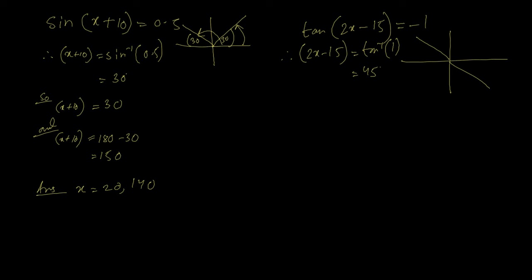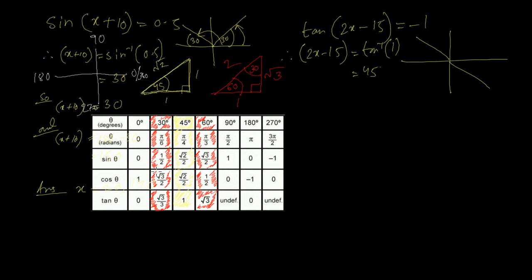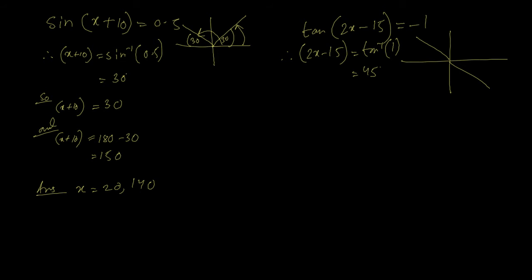You can check from the most common angles, you should have this memorized. So for tan theta we get 1 in 45 degree, which is pi by 4 in radian. So we have horizontal line 45 degree here and 45 degree here. So 2x minus 15 is your angle. So the first angle here is in the second quadrant, which means 180 minus 45, which is 135 degree.